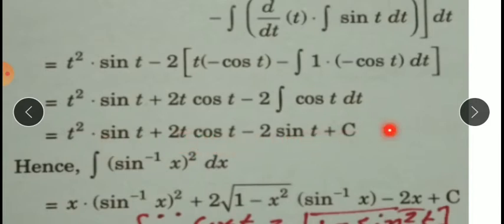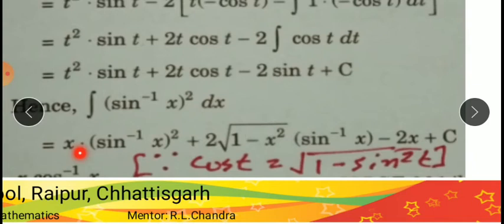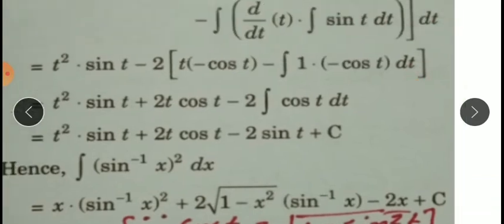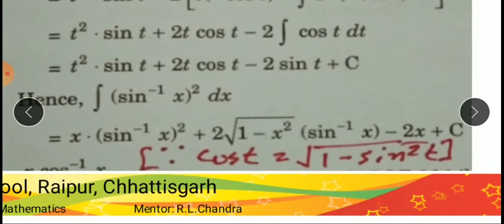Now substitute the values here. This is sin inverse x whole square. We know that earlier we have written sin t is x. Sin t is x.